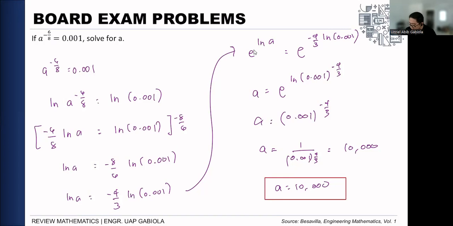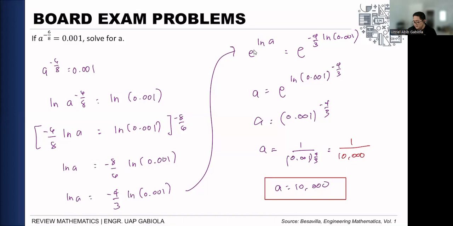So i-simplify ko lang ito, no? Ito will be 1 over 10,000 pag pinindot sa calc. 4/3. Then 0.001 raised to negative 4/3 is 10,000.